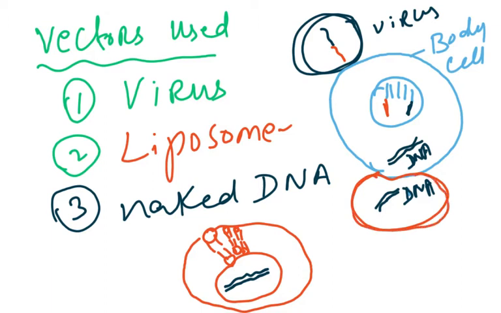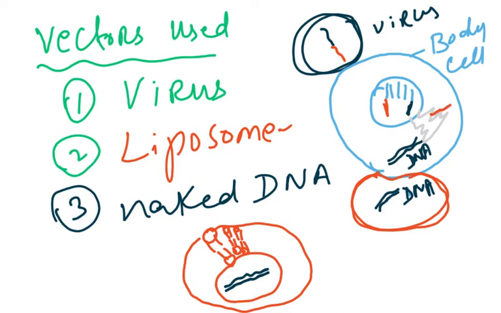And basically what we are doing is we're delivering the correct DNA. So the correct DNA will come and become part of the host DNA, which I've shown here. And then of course what is going to happen is that on the RER, we have the ribosomes. So the correct protein will be made here now.